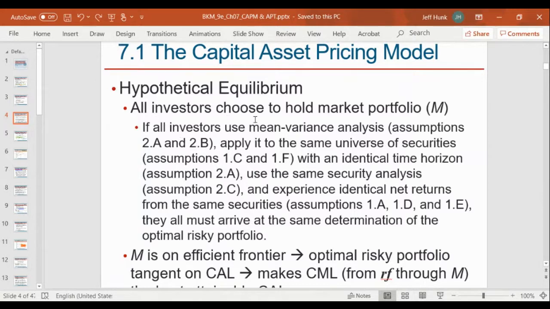And all investors choose to hold a market portfolio, as a passive strategy, right? If all investors use mean variance analysis applied to the same universe of securities, with an identical time horizon, use the same security analysis, and experience identical net returns from the same securities, they almost arrive at the same determination of the optimal risky portfolio.